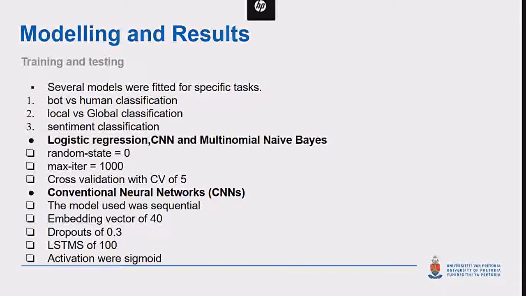Several models were used to try and classify bots versus human and local versus global messages. The models that were fitted were the logistic regression, the CNN, and the multinomial naive Bayes models.